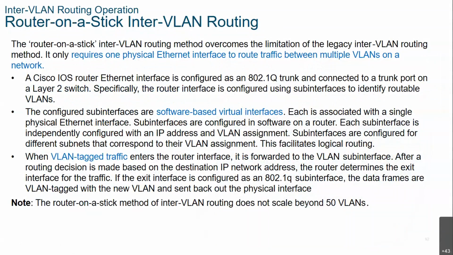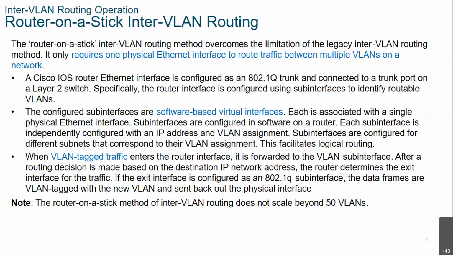Okay, so the router on a stick inter-VLAN routing method overcomes the limitation of the legacy inter-VLAN routing. It requires only one physical Ethernet interface to route traffic between multiple VLANs on a network. Yay! We are saving on the physical interface. We don't have to use many routers.